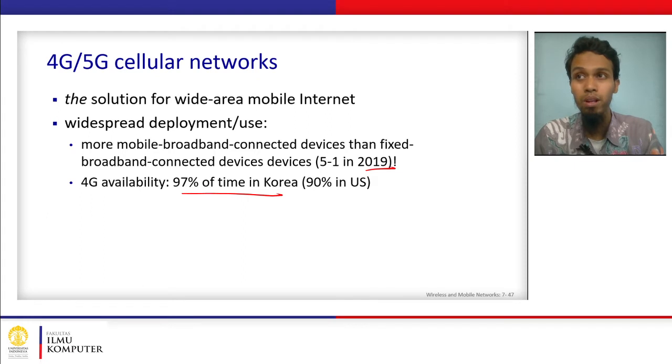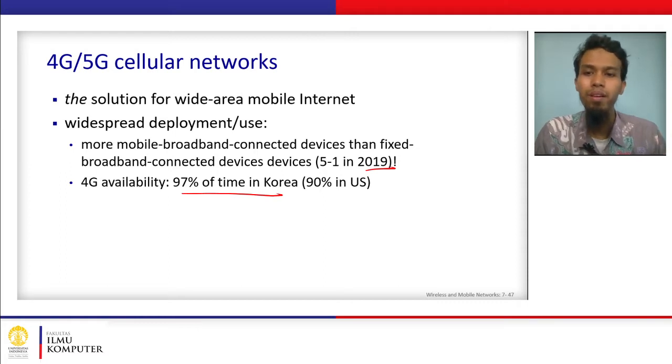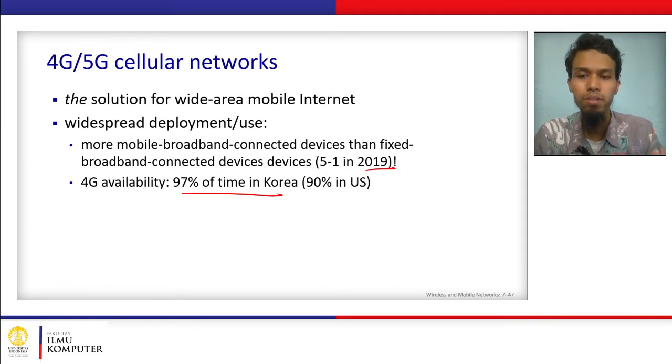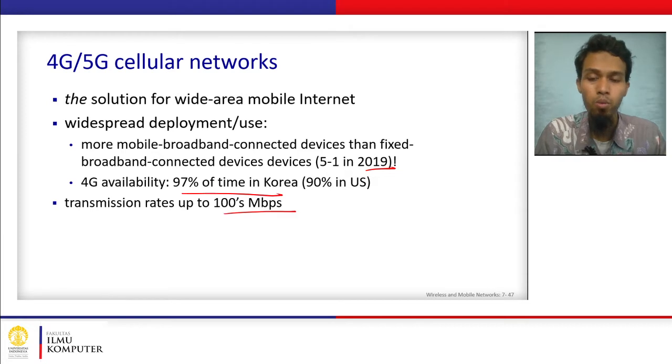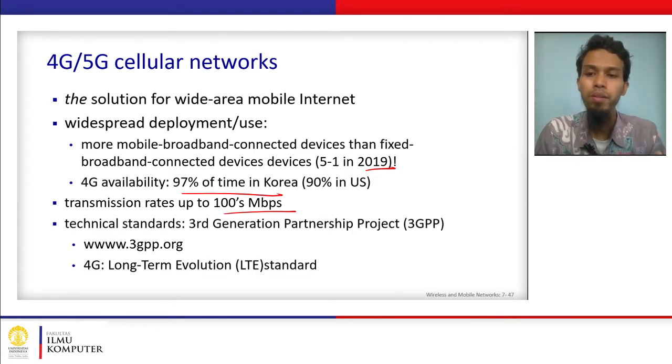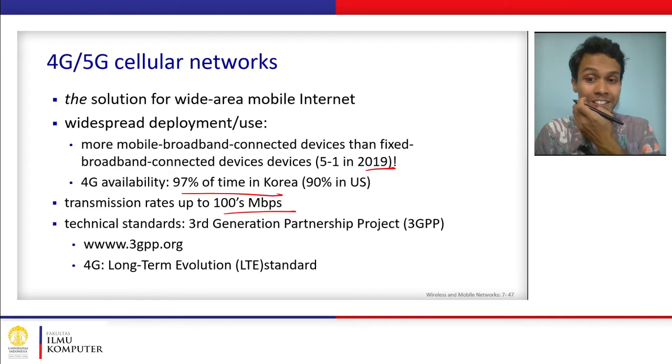When we talk about the server SLA, it is not that high, but it is already considered high: 97%, and 90% in the US. The transmission rate is up to 100 Mbps, which is quite high for wireless networks. And even if we see 5G, it is up to several gigabits per second.